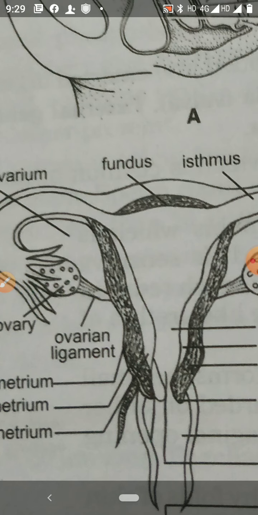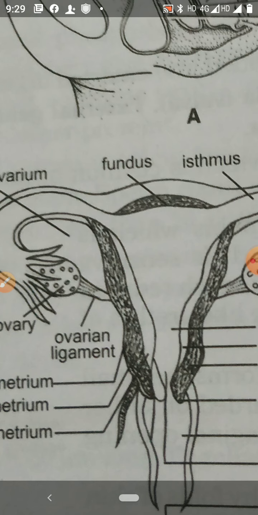It is surrounded by a connective tissue sheath called tunica albuginea. The inner surface of the ovary is covered with a thin germinal epithelium. It is formed of simple squamous or cuboidal epithelium.